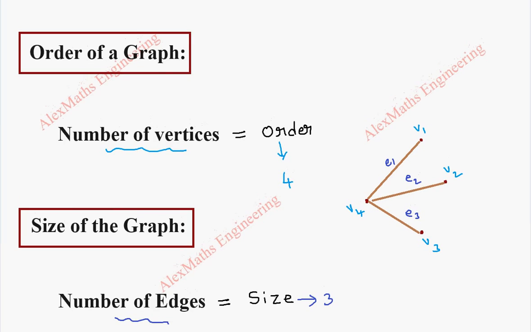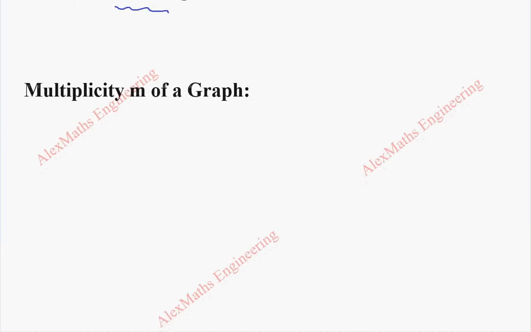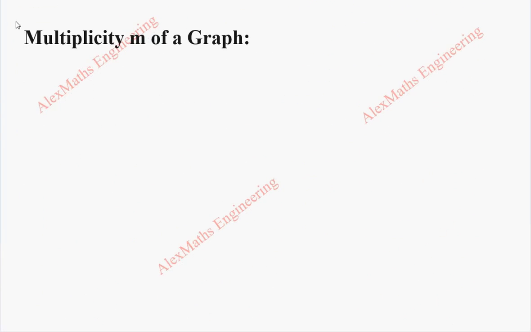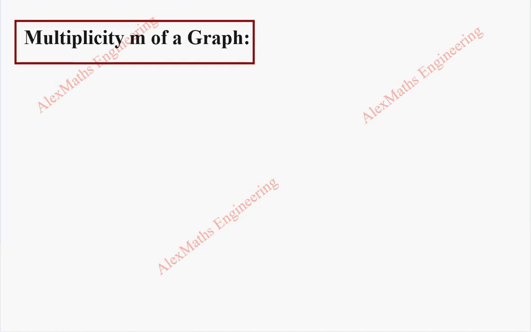Next we are going to see another basic term, the multiplicity of a graph, denoted by m. Suppose I have vertices v1 and v2 and we have edge e1. Then we can say the multiplicity of this ordered pair v1, v2 is 1.